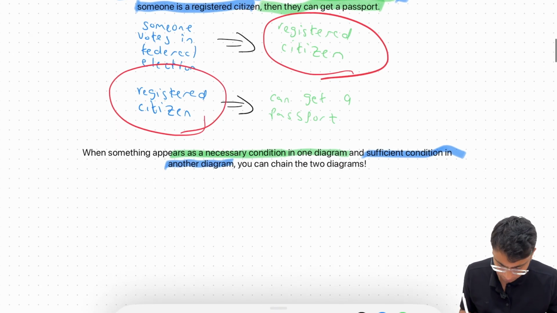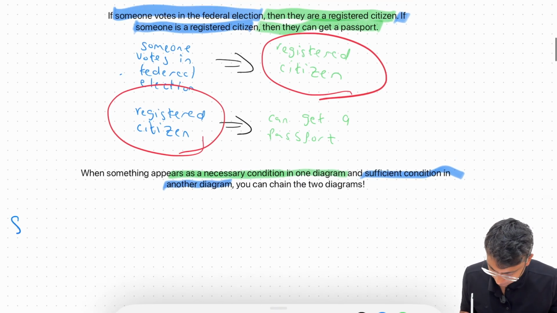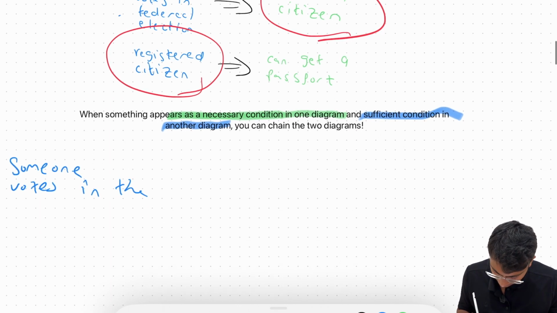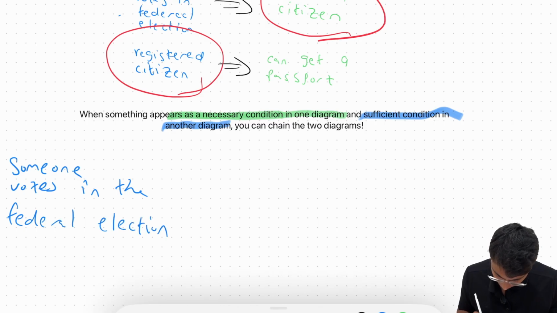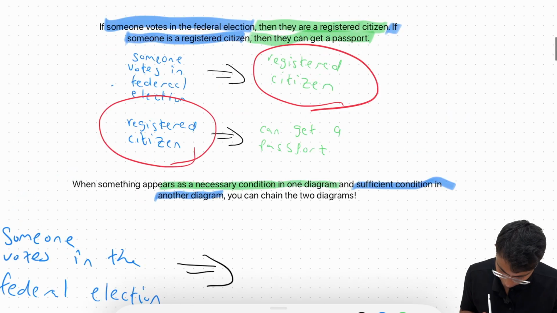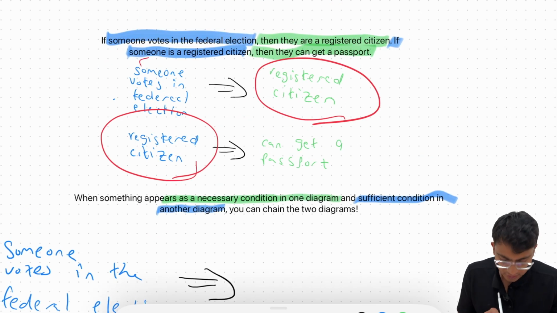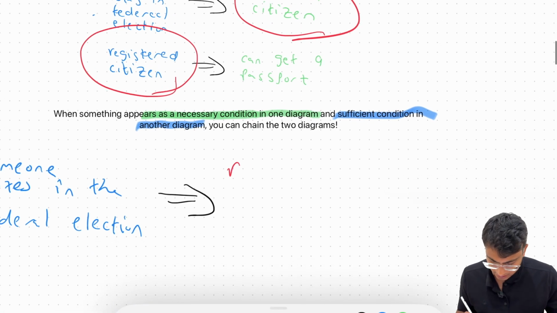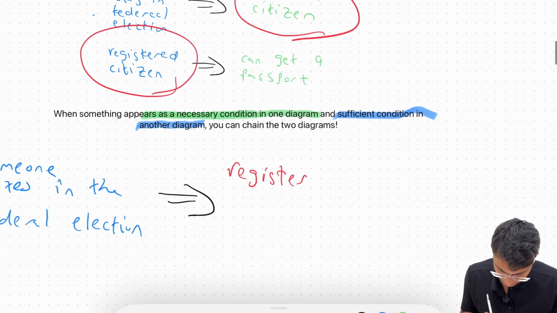So here's what I mean. Let's start with someone votes in the federal election. So this thing right here, someone votes in the federal election. We have arrow, and then we write registered citizen. So we are just copying this diagram for now, nothing too fancy. I'm just going to use a different color.